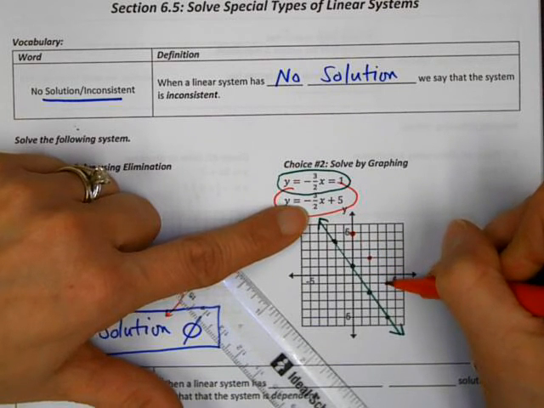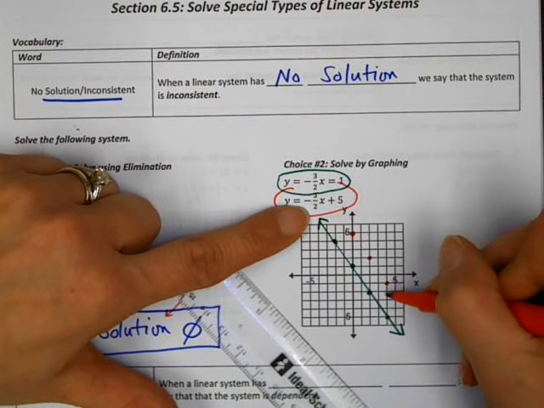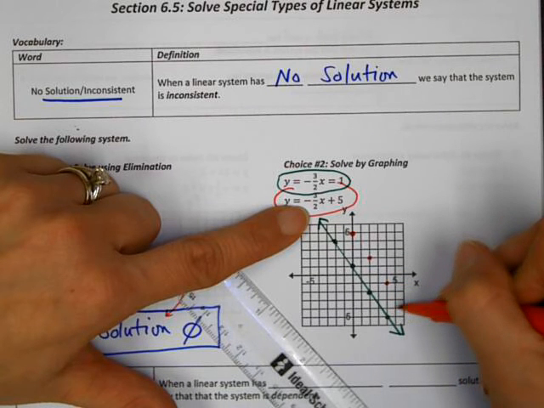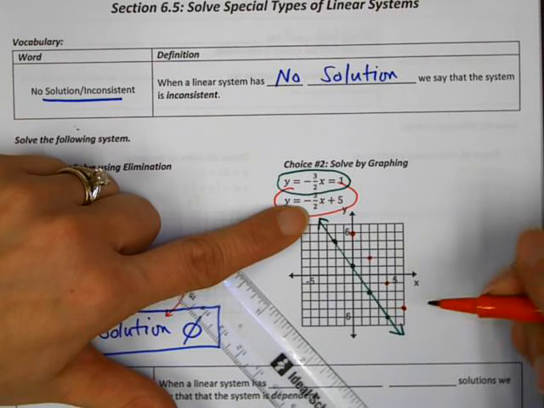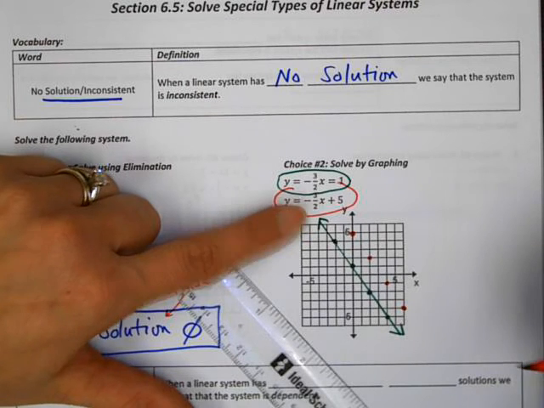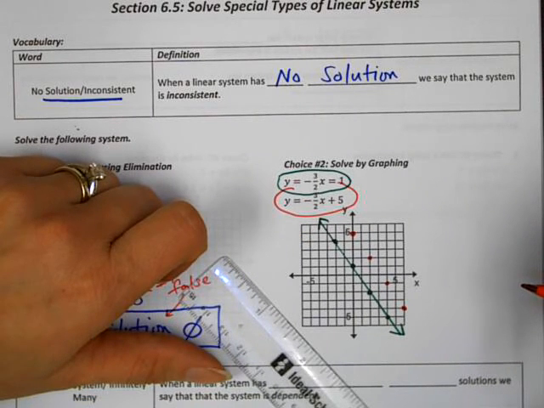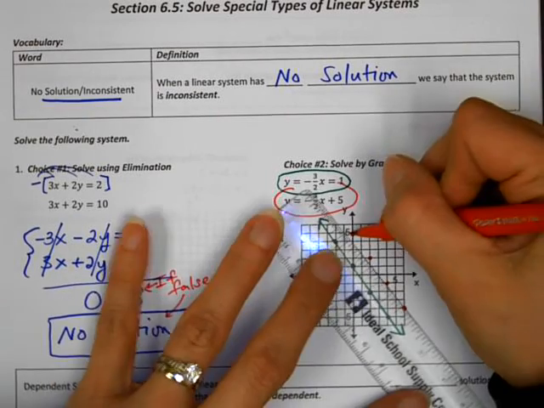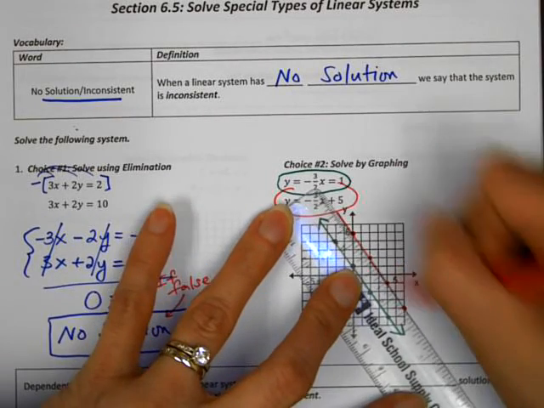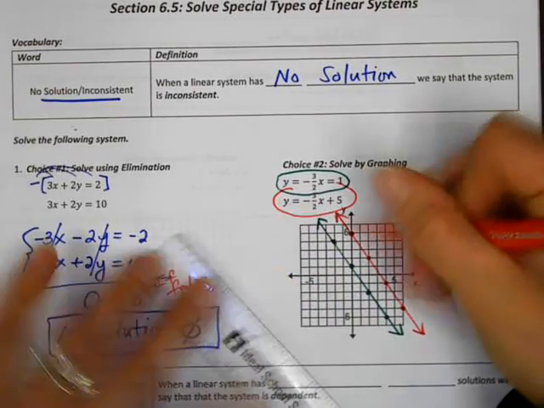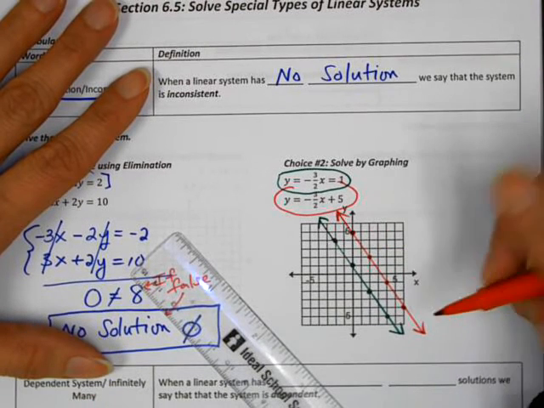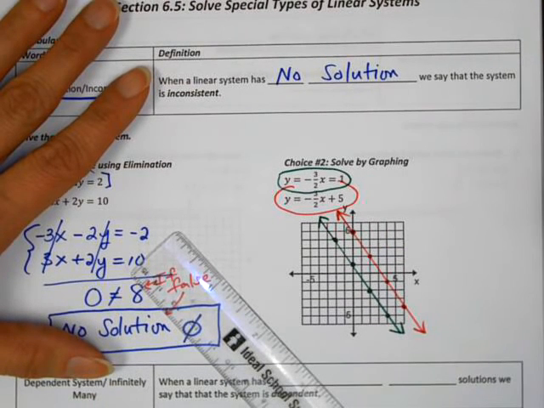Let's keep going. I'm trying to see where they intersect. When are these lines going to touch? It's kind of weird. Let me draw the line here. Those lines are never going to touch.